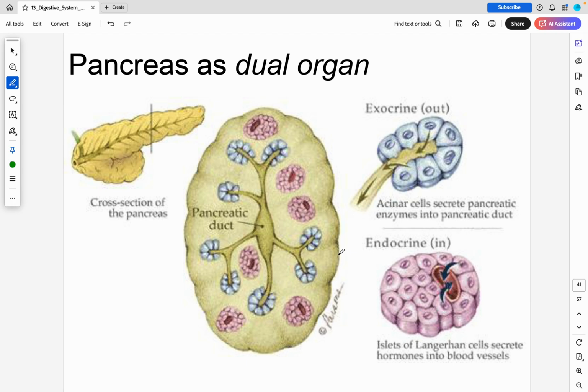You can see the pinkish colored spheres are islets of Langerhans with associated blood vessels. These regions of the pancreas contain hormone producing cells. These pancreatic islets primarily function to produce insulin and glucagon for the regulation of the blood glucose level.